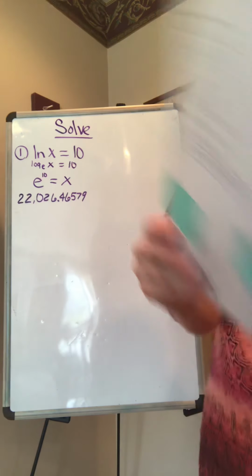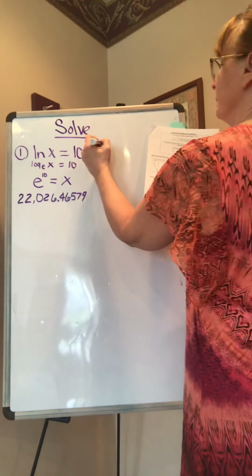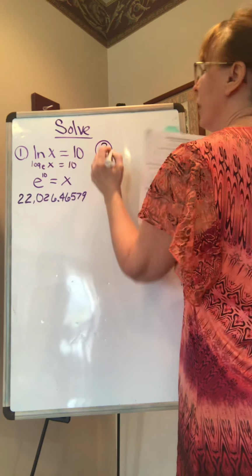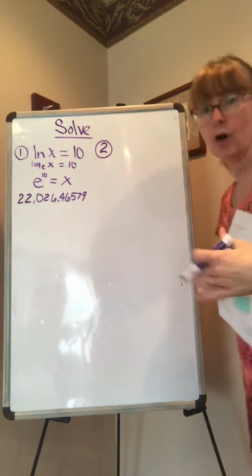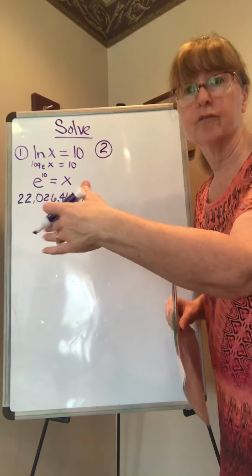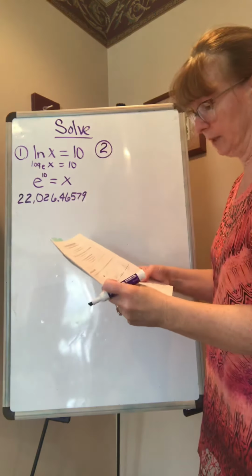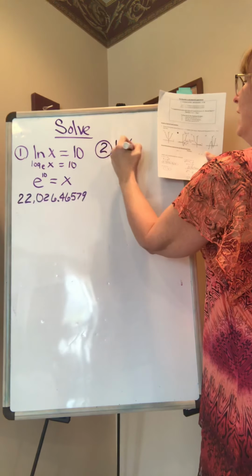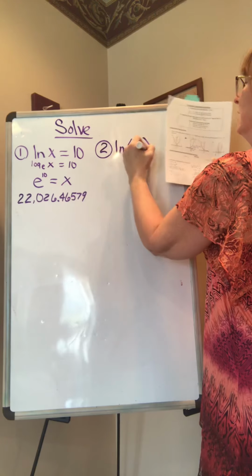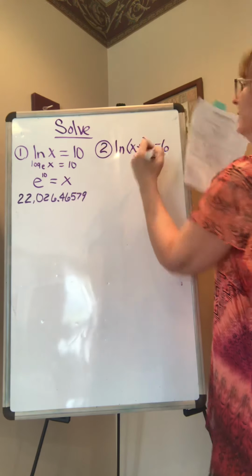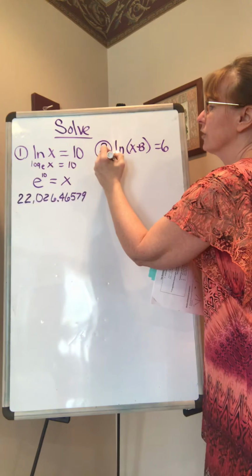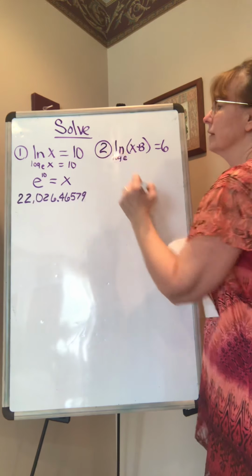So let's take a look at number 2. You're going to do 5 of these for homework. So when you're doing your homework, you should go back to the video and find one that matches. That way that will help you. So now if I have the natural log of x plus 3 is equal to 6, again, this is the same as the log base e.